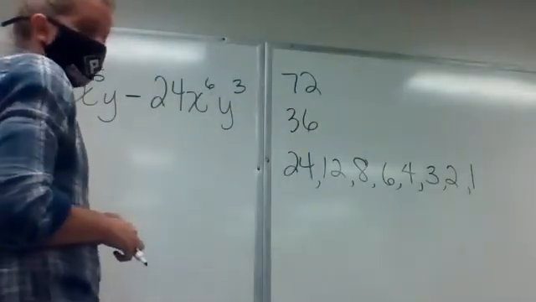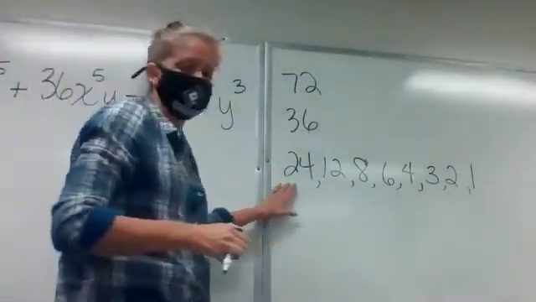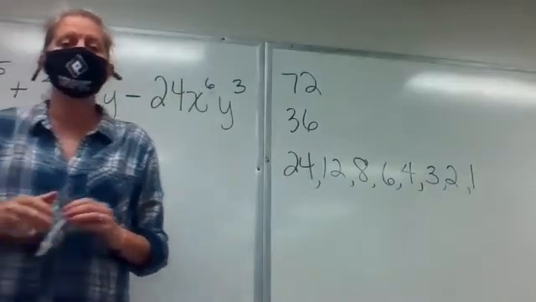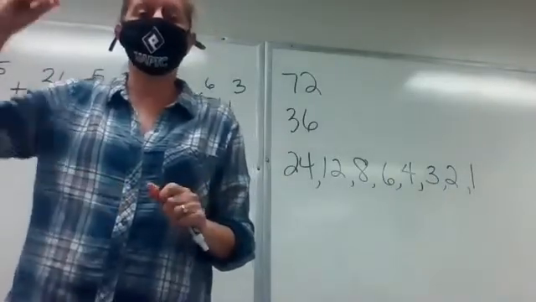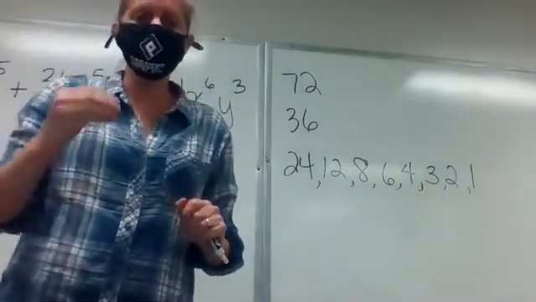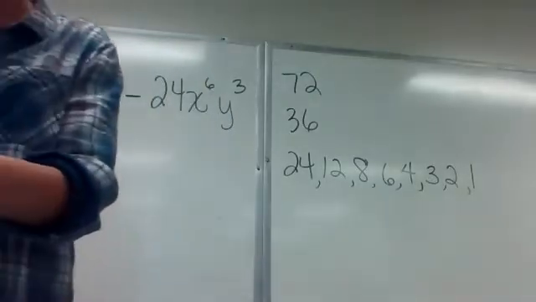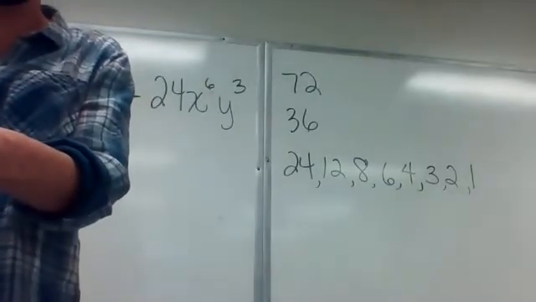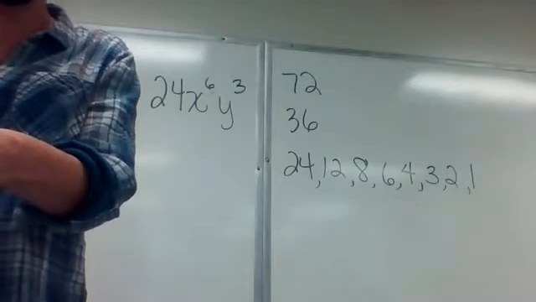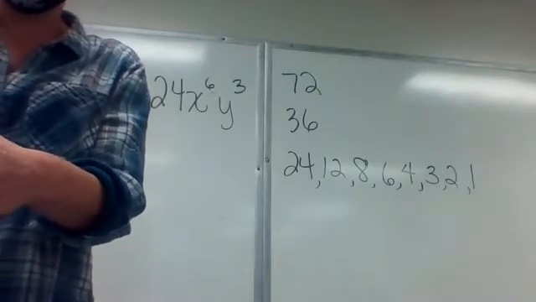So remember, you're checking starting from the highest because you're trying to find the biggest number that goes into 24, 36, and 72. So let's try 24 first. What do you get when you divide 72 by 24?